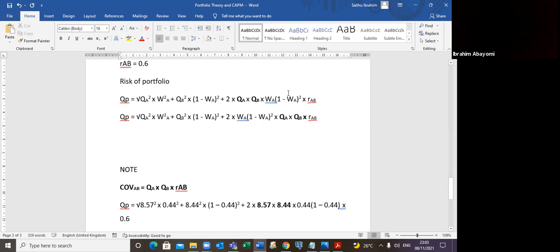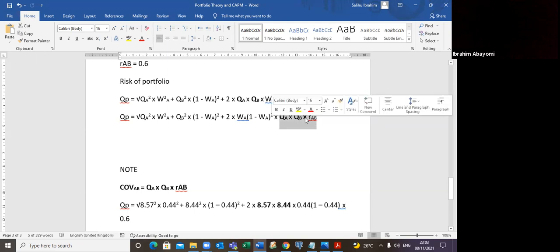Now, this formula here and this one here, they are the same. Because this one, the one I highlighted there, means what?